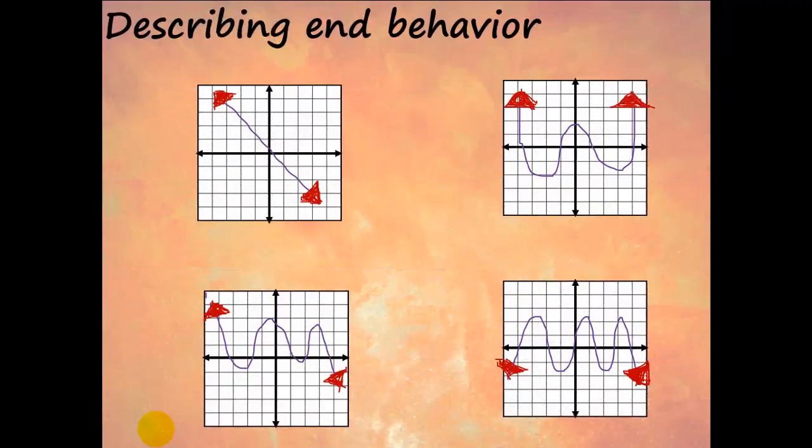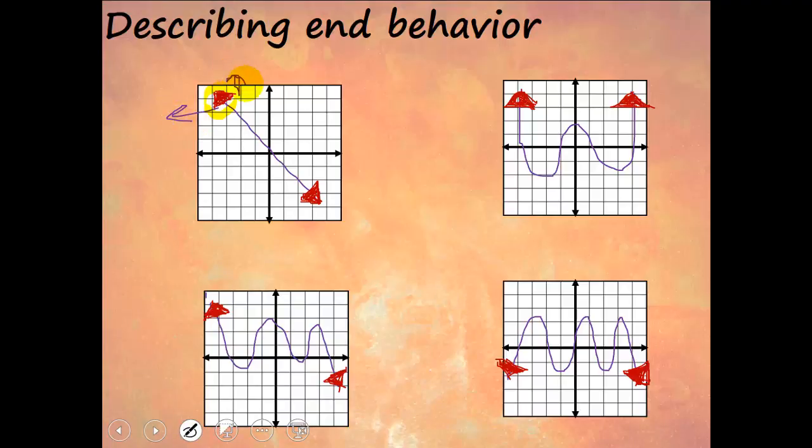All right, so this is going to be a little bit tight for me to get in here, but I want to do a couple of these with you, all right? So pay attention to the arrow. This arrow is pointing to the left, okay? And it's pointing up.